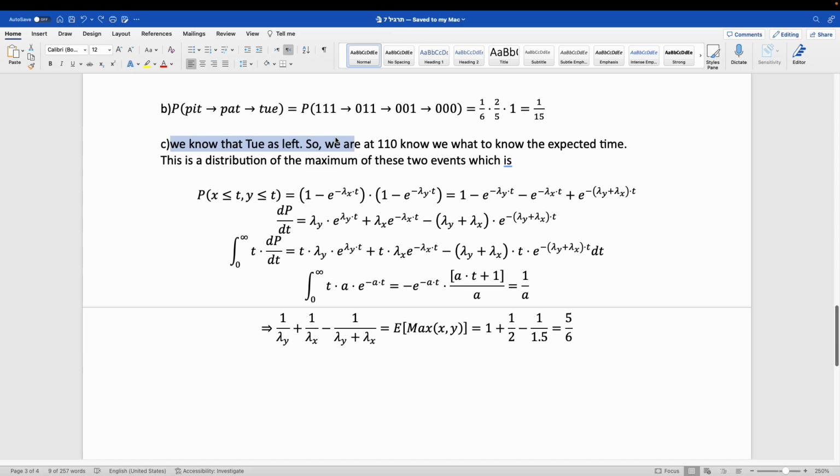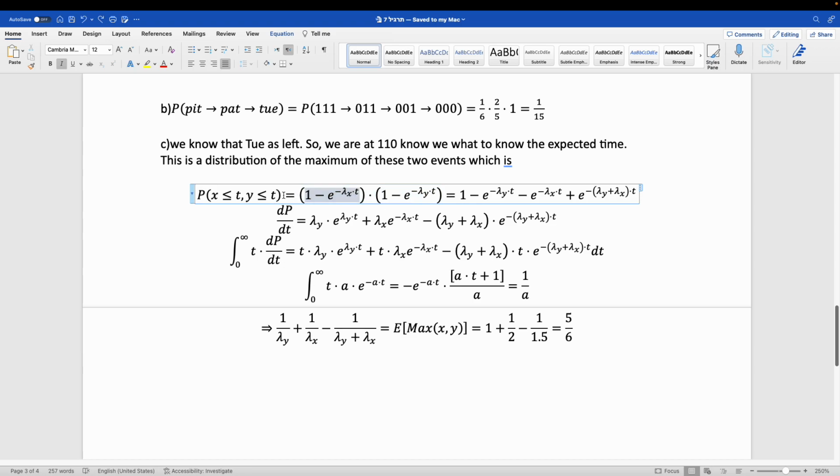So in order to know that, we are going to look at the probability that both, before time t, Pete and Pat are leaving the office. So in order to do that, we look at this probability. Okay, so we have this probability.